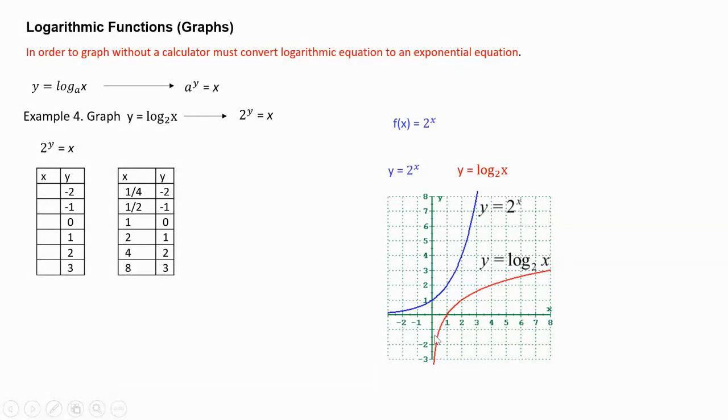So if you go straight down, it's going to be -2. When x is 1/2, it's going to give us y equals -1. Then we got 1, 0, the point there, then we got 2, 1, then we got 4, 2, and then we got 8, 3.